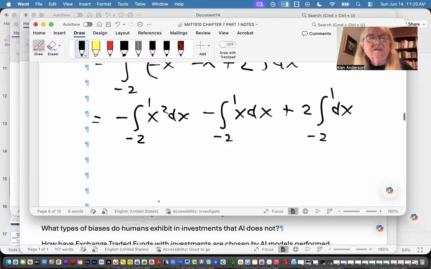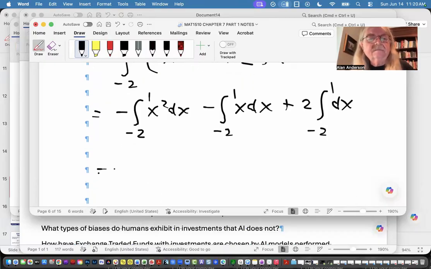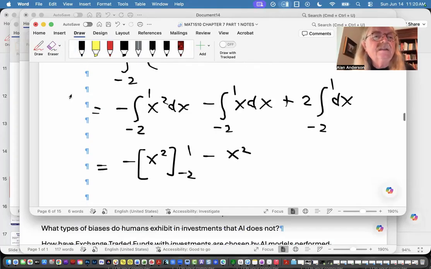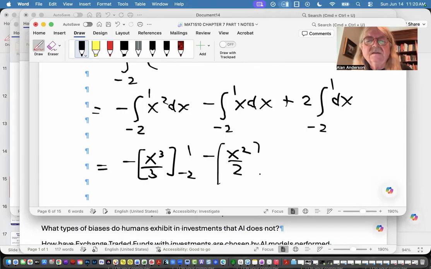So we'll end up with, oh, sorry, what am I doing? This is x cubed over 3. Let's fix that. Much better. And then here we'll have x squared over 2.